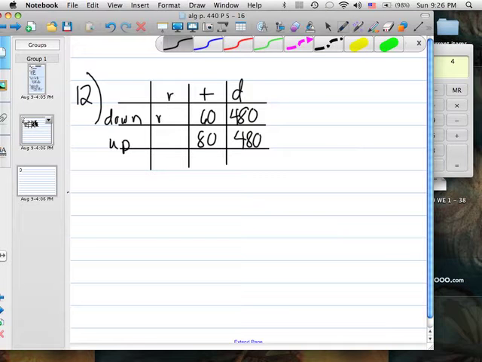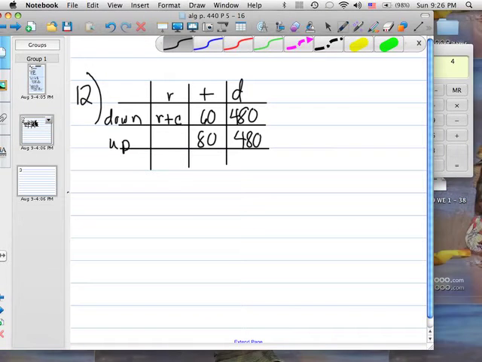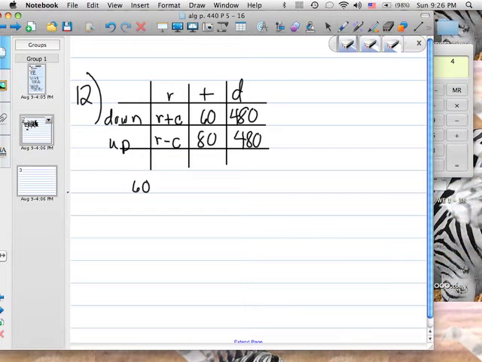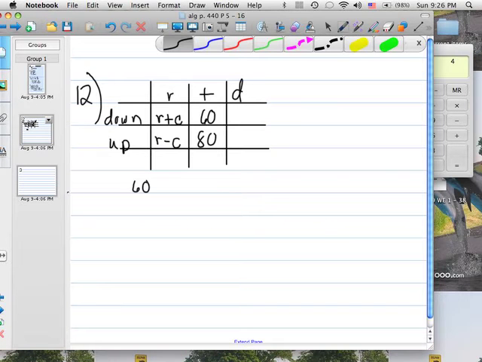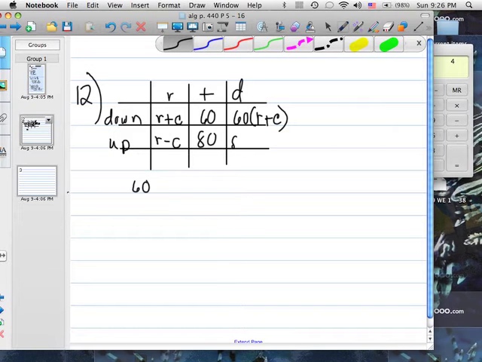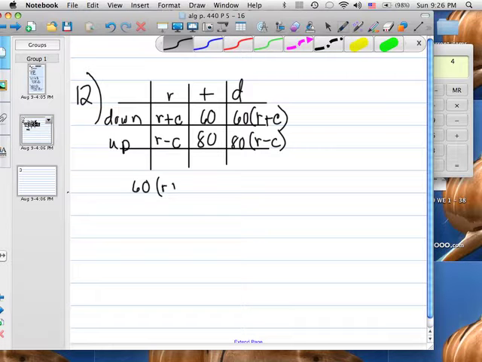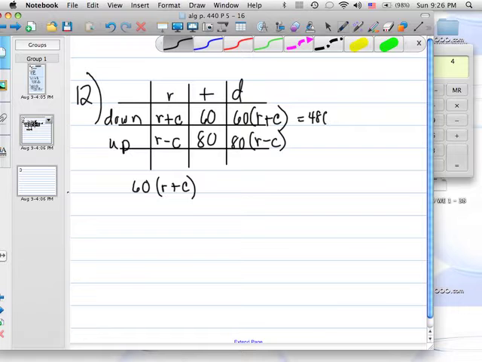Well, downstream is with the current, upstream is against the current. So we have 60, I'm going to erase this here, put in a different equation, 60 times R plus C, and this is 80 times R minus C. So 60 times R plus C, remember this equals 480.